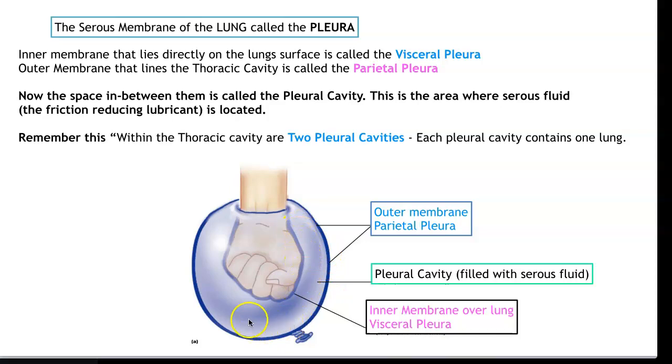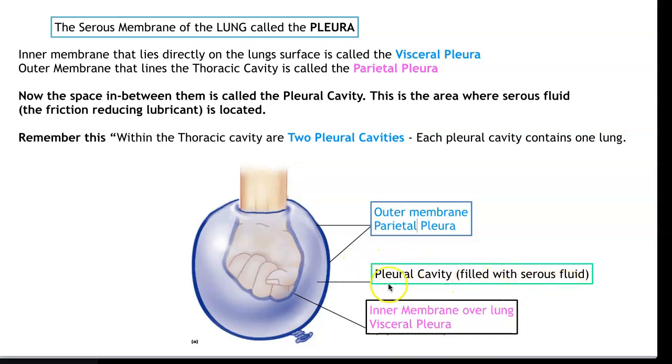In between these two layers is going to be the pleural cavity, because this is the lung. Pleural refers to the lung. It's an adjective. Remember what kind of cavity? A pleural cavity.